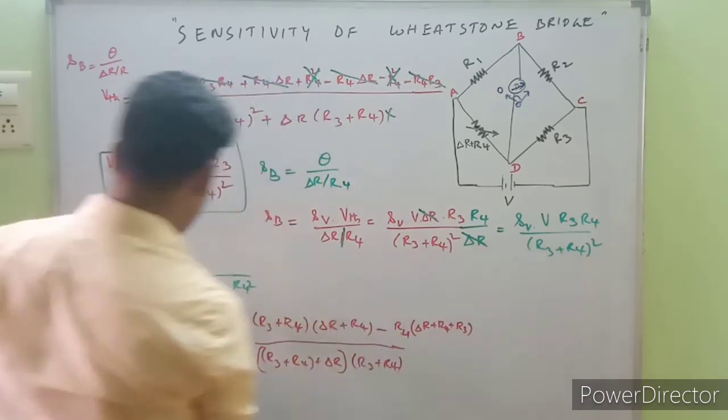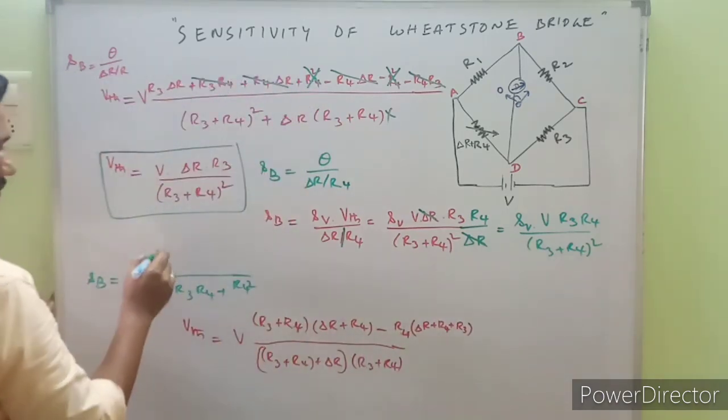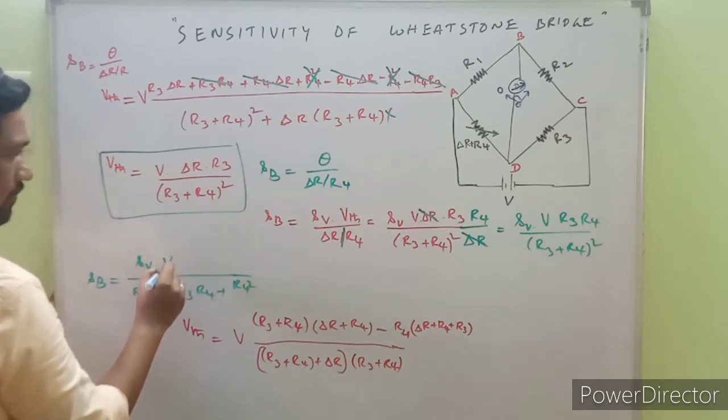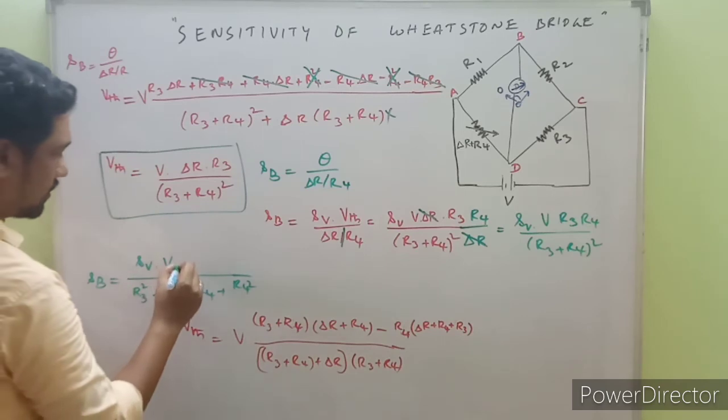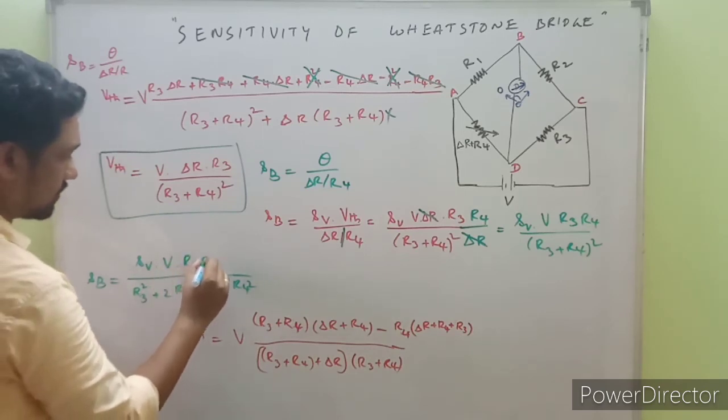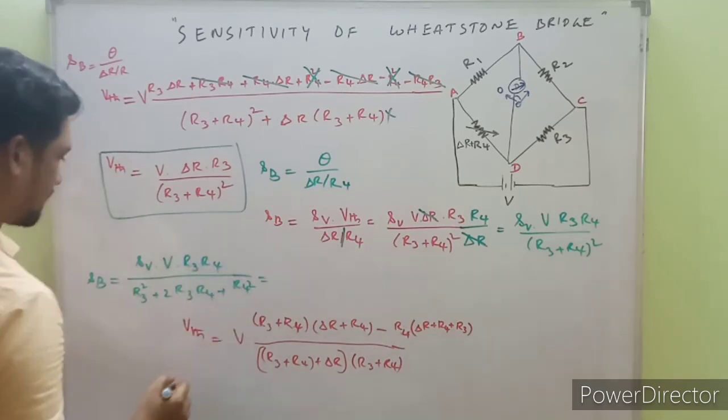This will be the expansion, and what we have is SV into V, supply voltage, voltage sensitivity of a galvanometer, into R3 into R4.